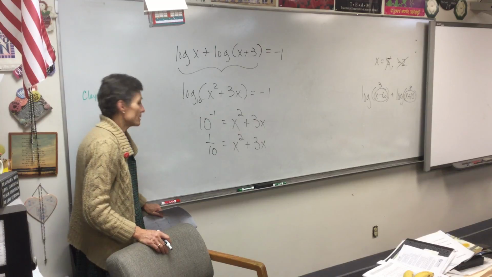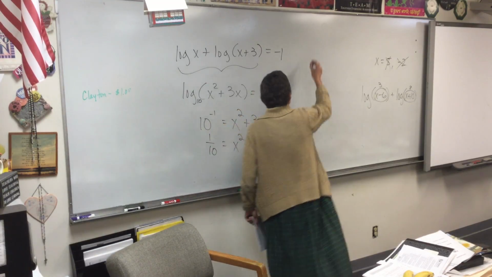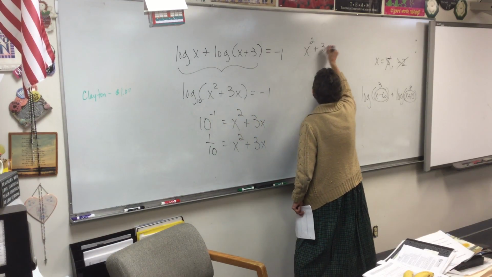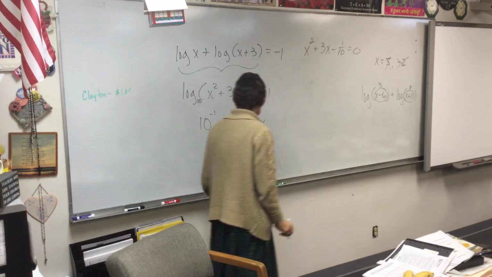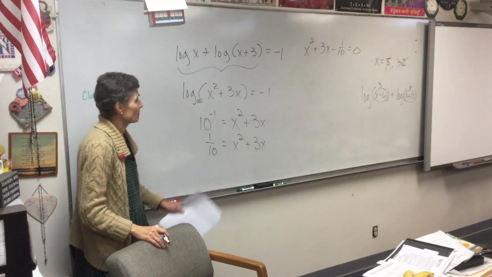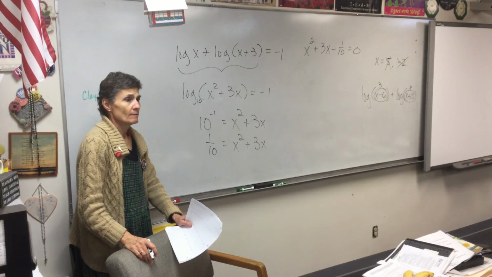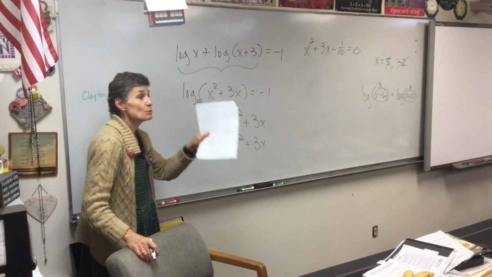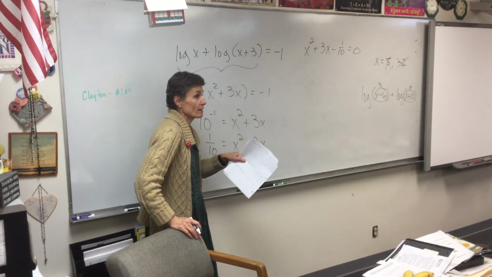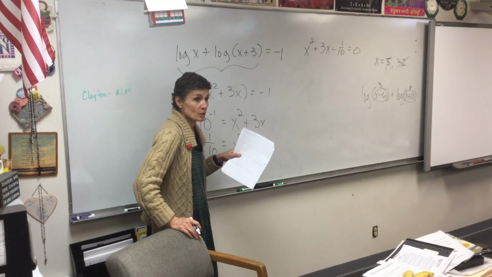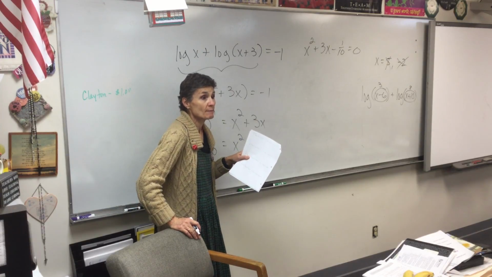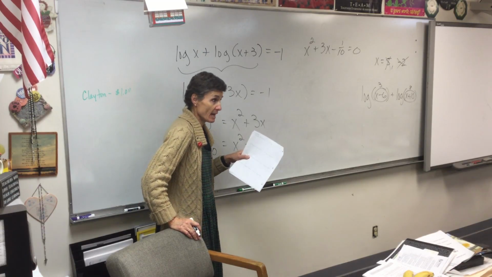0 equals x squared plus 3x minus 1/10. So we can subtract that 1/10, but wait a second. What in the world am I going to do with this equation? That is not a very pleasant looking thing. Quadratic. I could definitely right now use the quadratic formula. If you are at all worried about the fractions, you could also times everything by 10.